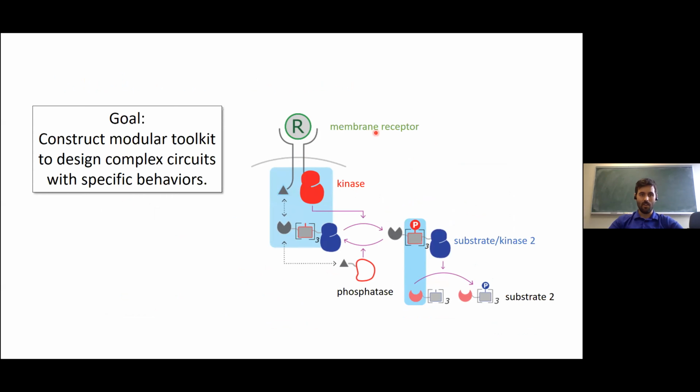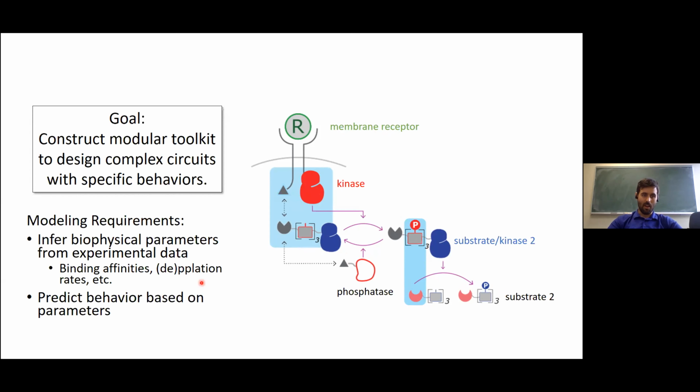For example, you have a membrane receptor, which when activated, activates a kinase enzyme, which then phosphorylates a substrate, but then you can imagine that substrate also being a separate kinase enzyme, which then phosphorylates a second substrate, and so on. However, if they want to design such circuits from individual pieces with very specific behaviors, then they need a way to actually predict what's going to happen when you put these different components together.